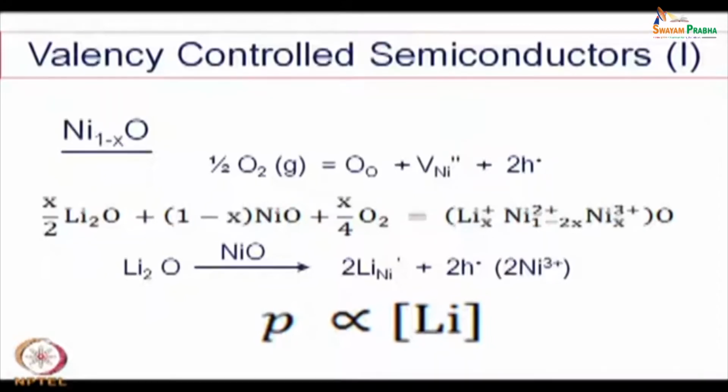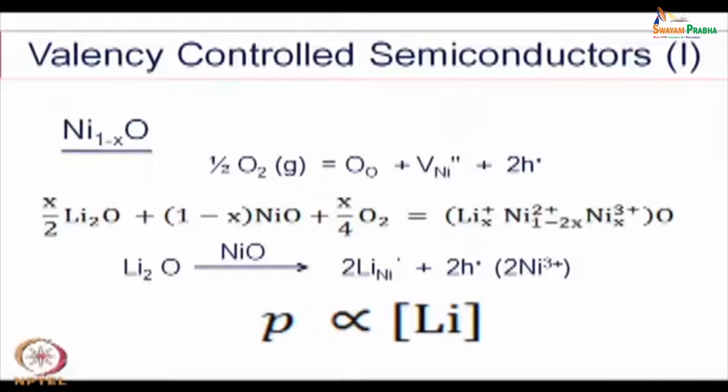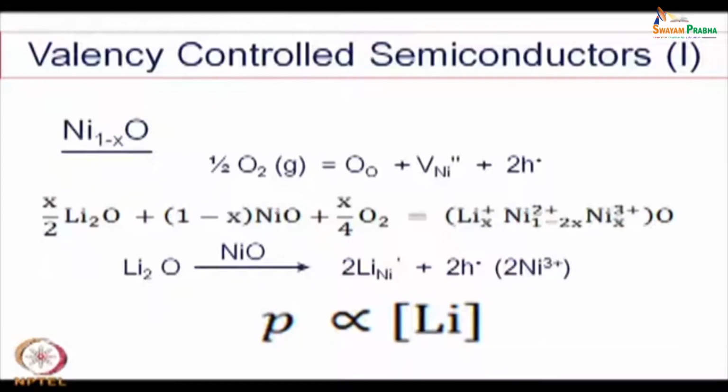Just like in elemental semiconductors, germanium and silicon, if you add some donor doping or acceptor doping, you get enhanced conductivity as well as a changeover from intrinsic conductor to either p type or n type, depending on the type of impurity you add.